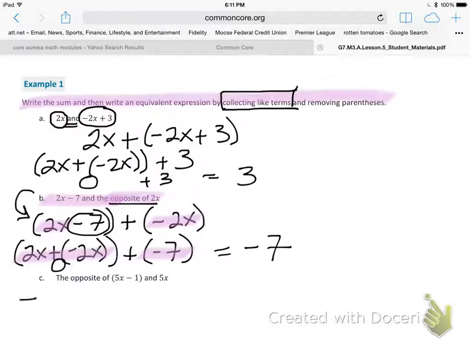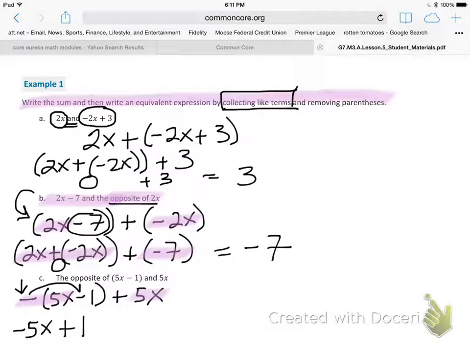The same with C, the opposite of 5x minus 1. Don't get confused with that. All you need to do is put a negative sign in front of that entire expression, and this is the sum we are creating. We can distribute this negative sign, which makes this -5x, and then a +1, because you multiply that -1 by the -1 and get a +1.